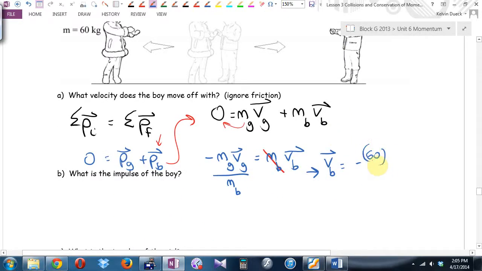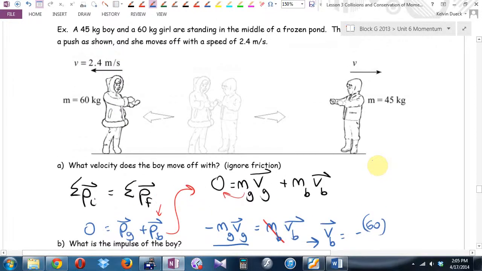Do we have 2 different directions here? Okay, so let's decide. Look at the girl. Do we want to let that direction be negative or positive? I don't care, but we now have to decide and be consistent for the rest of the question. So looking at the girl, she's traveling to the left or she's moving backwards. Do we want to let that be negative or positive? Negative.